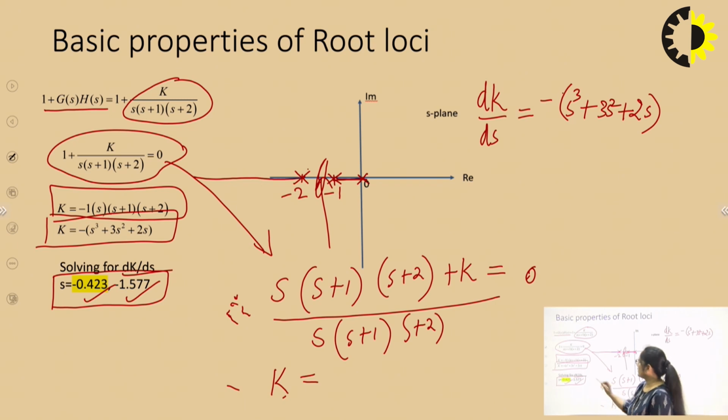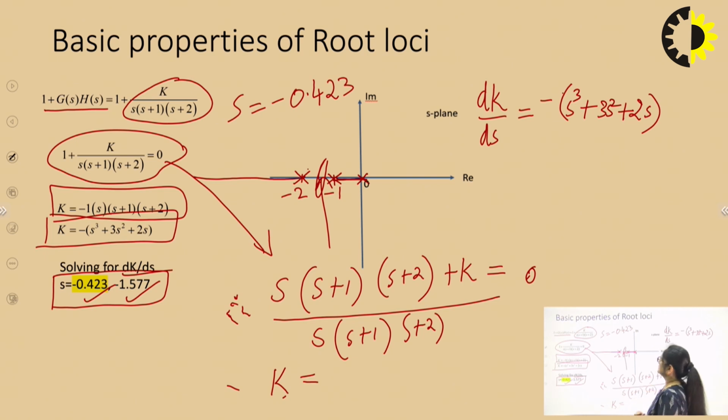So the breakaway point for this open loop transfer function k upon s into s plus 1 into s plus 2 is s equal to minus 0.423 and not minus 1.577.